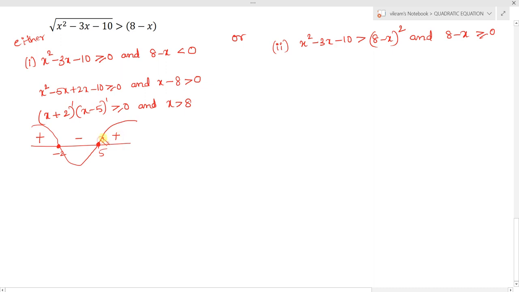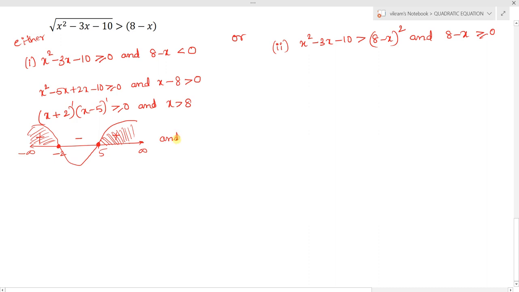Greater than or equal to means the plus sign is our required portion. We obtain the plus sign from minus infinity to -2, and from 5 to infinity.